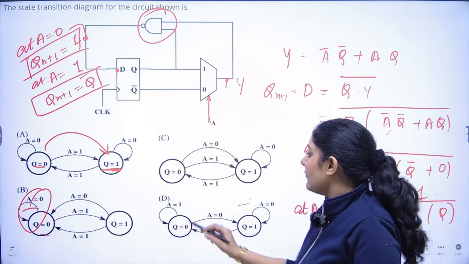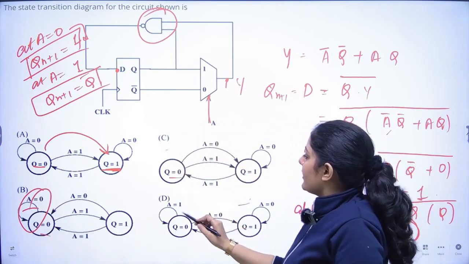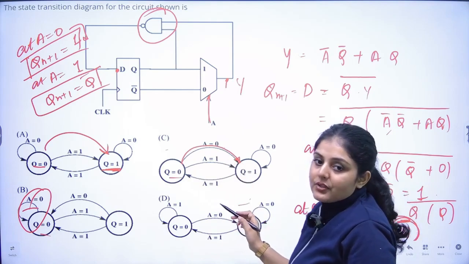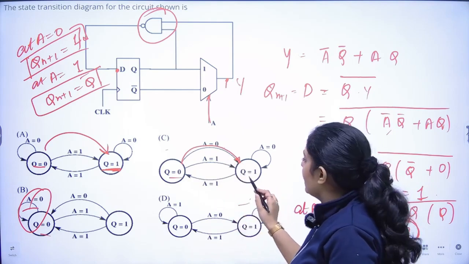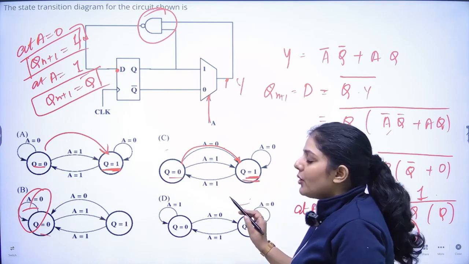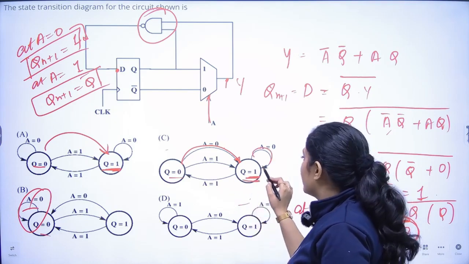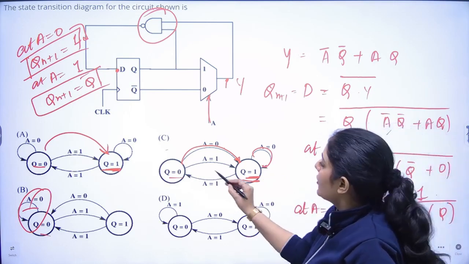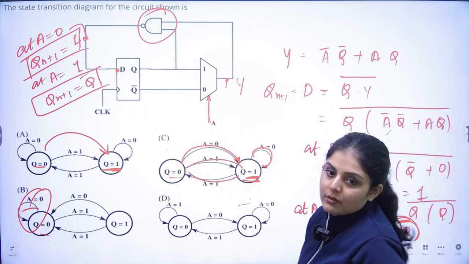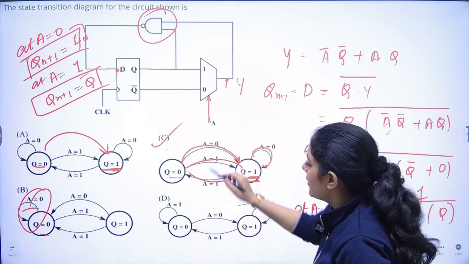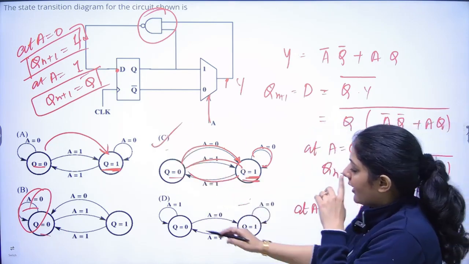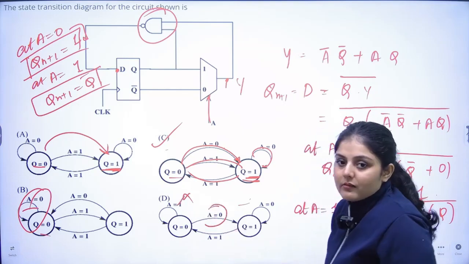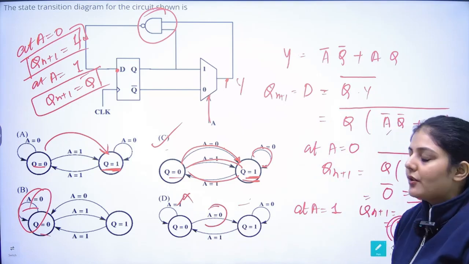Next, if we see C, at Q equal to 0, yes, it is good: when A equals 0, it goes to the Q equal to 1 state, and when A is equal to 0 it remains at the Q equal to 1 state, and when A is equal to 1, it should toggle from 0 to 1 and 1 to 0. So option C is your correct option. Option D is also not correct because it is not toggling, so it is all wrong, right? Option C is your correct option.